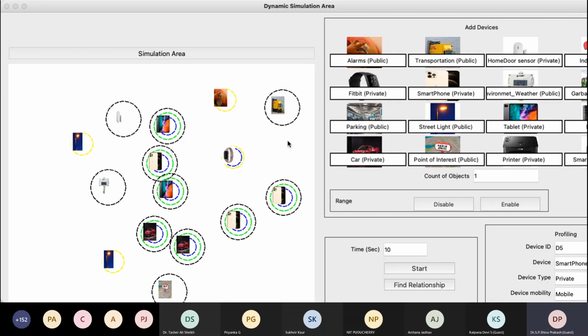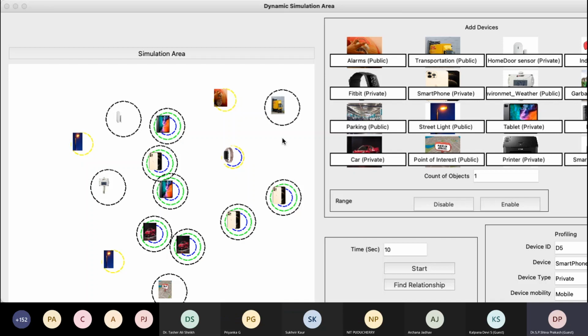So before starting the simulation, the very first thing we are supposed to do is check the conditions or set the conditions depending on the type of relationship, and this interface will allow us to modify the parameters.